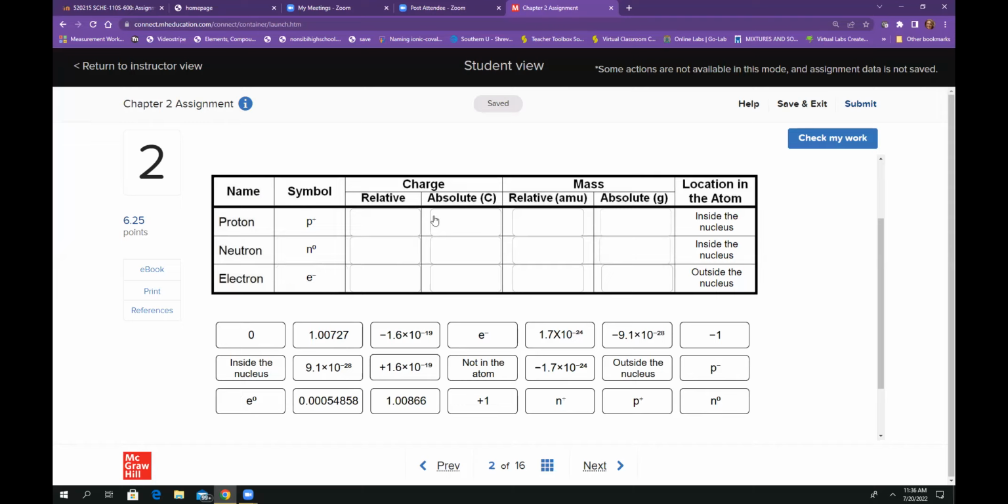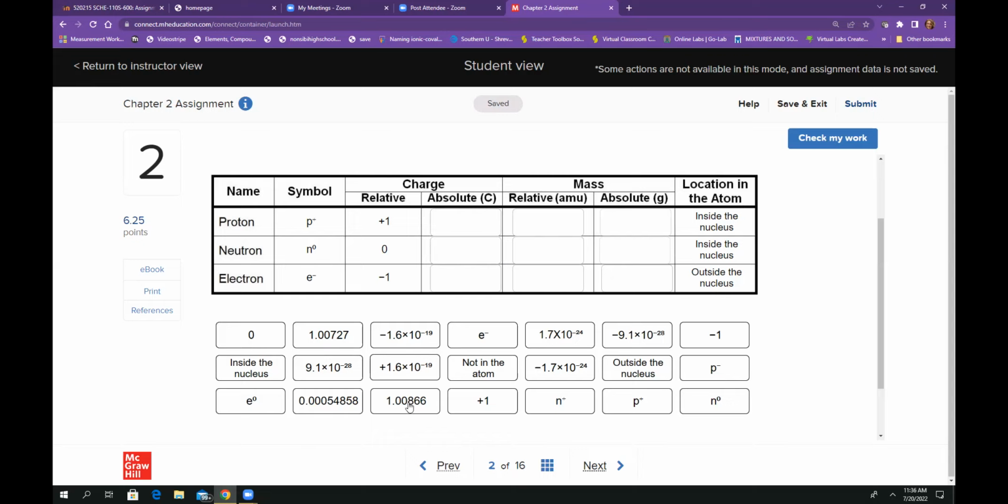Now, the charge, the relative charge. So they're saying, what is a relative charge? So +1 and -1, right? Because it's a negative charge. And this is a 0. Now, absolute charge, I don't know what they're talking about there. So I'm just going to leave it alone and figure it out later. I really don't know what they're talking about. So the relative atomic mass unit, this is 1. Okay, that's weird.